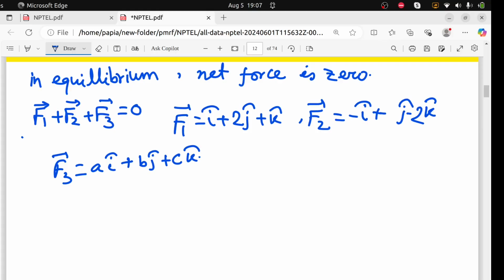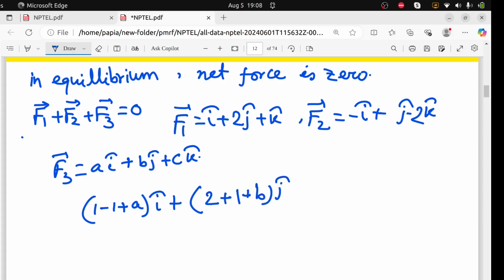Okay. So now I can write, if I just add this F1, F2, F3, then 1 minus 1 plus A I cap plus 2 plus 1 plus B J cap plus 1 minus 2 plus C K cap.